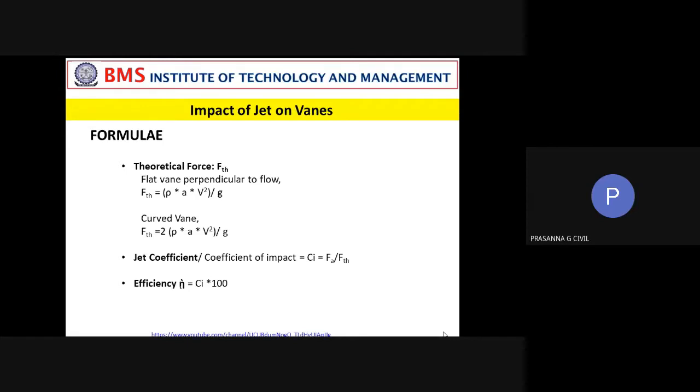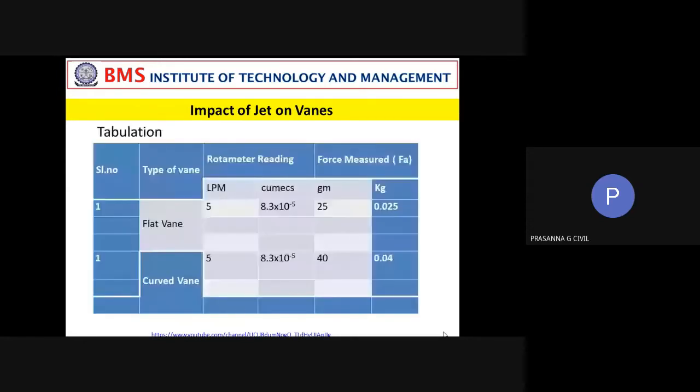The coefficient of impact is calculated as the ratio of the actual force divided by the theoretical force, and efficiency is calculated as coefficient times 100. Now, coming to the tabulation, we have one reading each entered for the flat vane and the curved vane.